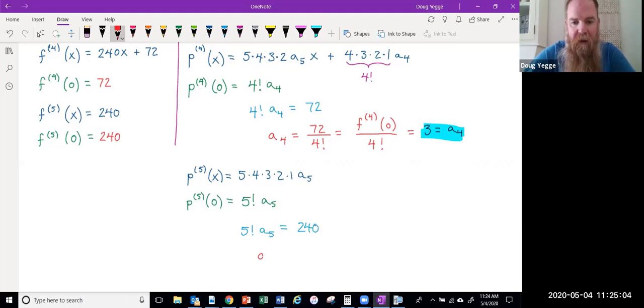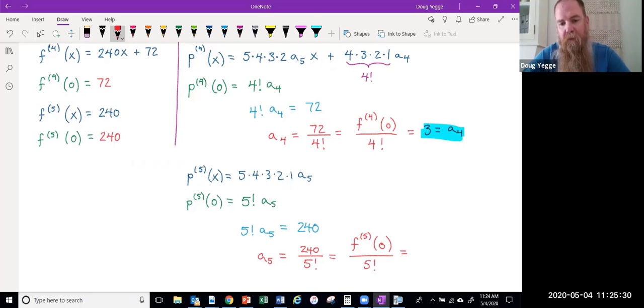So my last unknown coefficient is 240 divided by 5 factorial, which means that to find that fifth coefficient, I just need the fifth derivative of the function at 0 divided by 5 factorial. 5 factorial is 120. This gives me 2, so that must mean that 2 is a5.